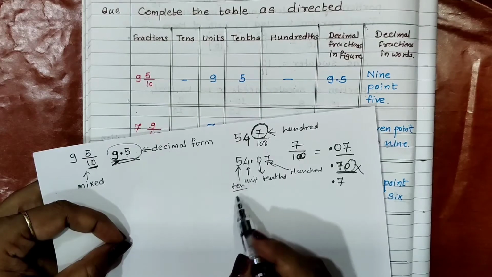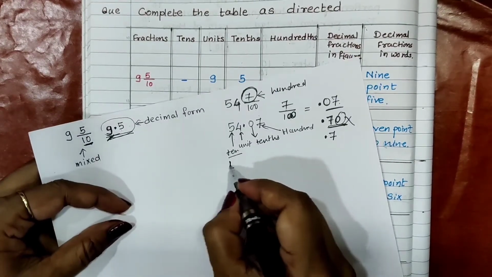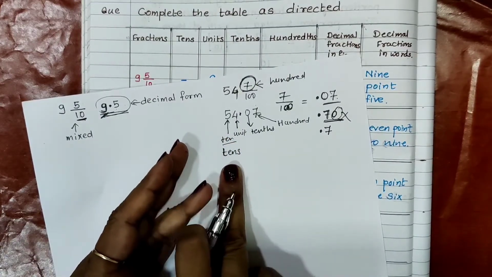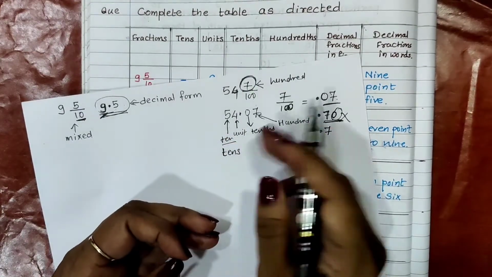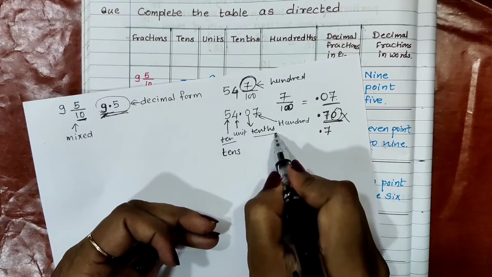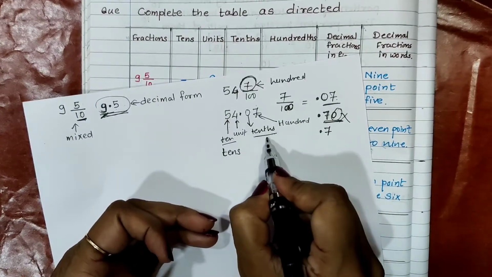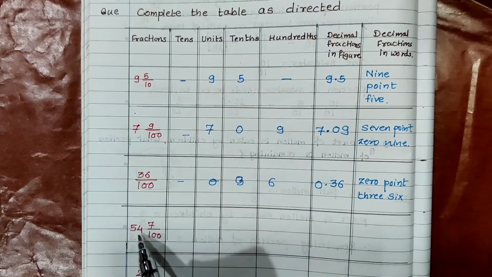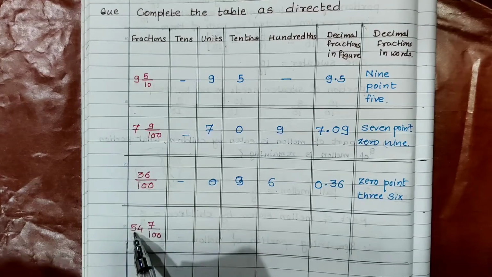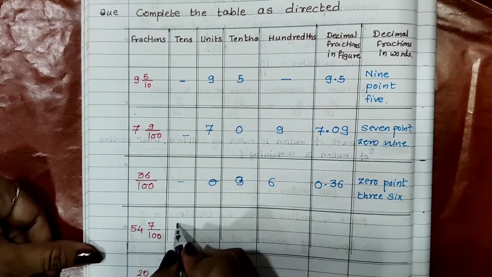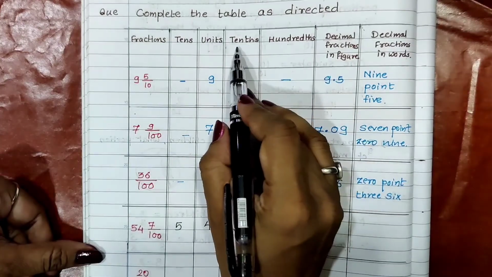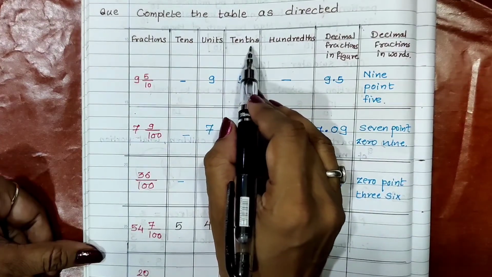See here tens spelling is TENS. On the left hand side, tens place, tens spelling is TENS. On the right hand side, it is tenth. Tenths. Okay. Do not get confused. So, in 54, 4 is in the units and 5 is in the tens place. Now in tenths, TENTHS.